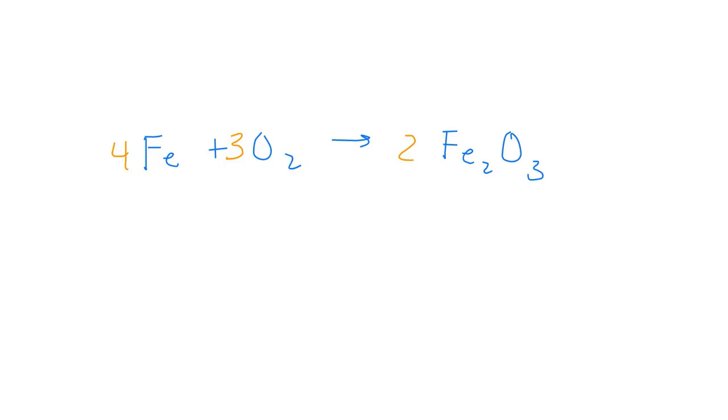Okay, so taking a look at the oxidation numbers. Let's assign oxidation numbers for each of these molecules. So what's the oxidation number for iron right here? 0? Okay, awesome. Exactly. What about for oxygen? Also 0? Okay. Cool.